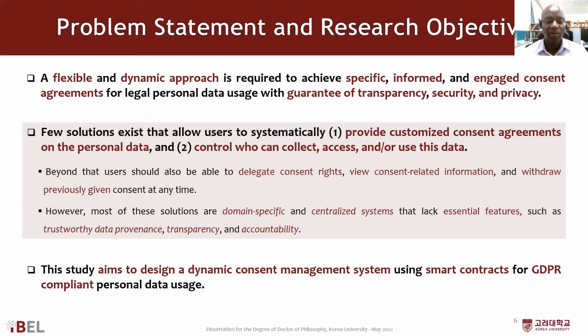However, most existing solutions are domain-specific and centralized systems that lack essential features such as trusted data provenance, transparency, and accountability. Therefore, in this study, we aim at designing a dynamic consent management system using smart contracts for GDPR-compliant personal data usage.